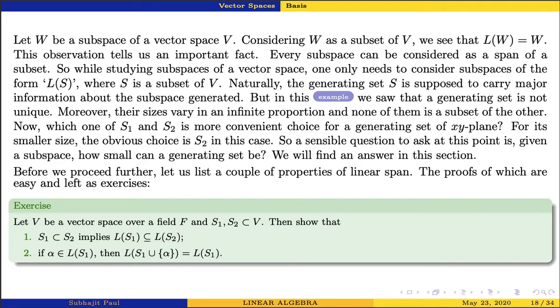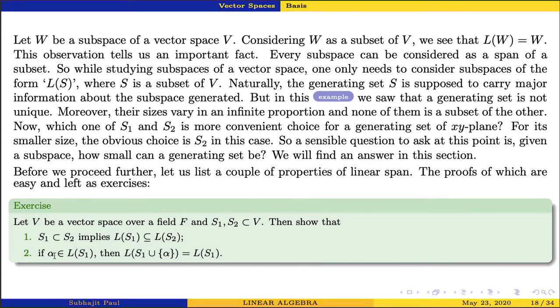And the second one is, if a vector alpha is in the span of S1, then the linear span of S1 union that vector alpha is the same as the linear span of S1. So you do not get anything extra if you add a vector alpha from its span itself.